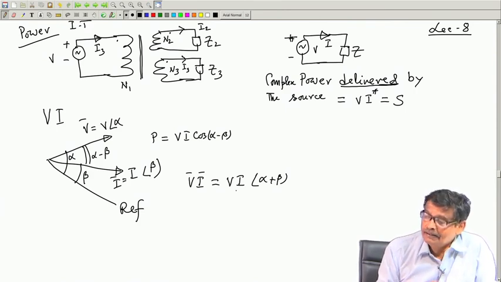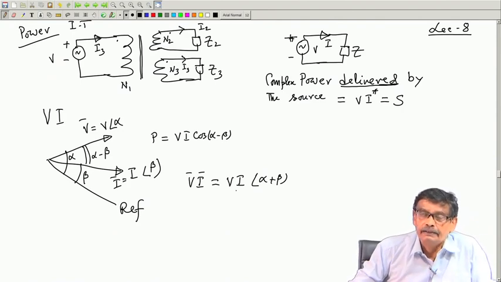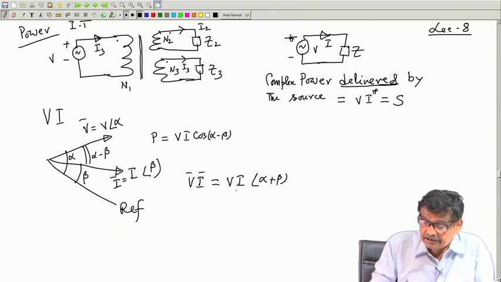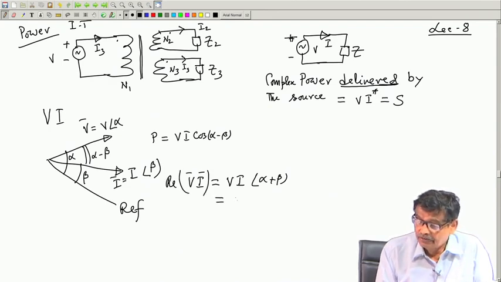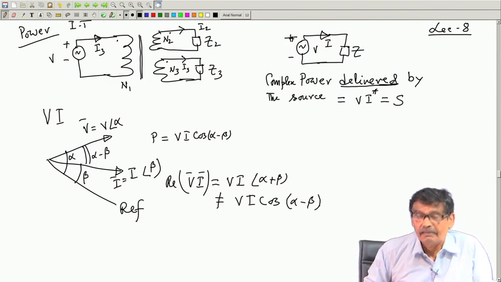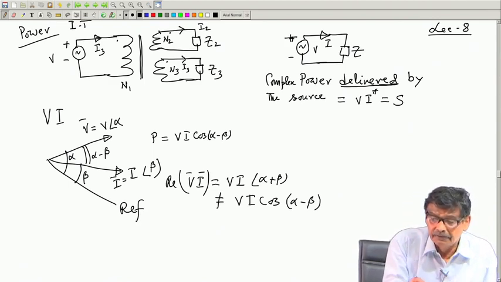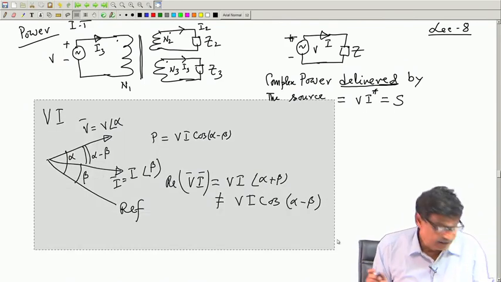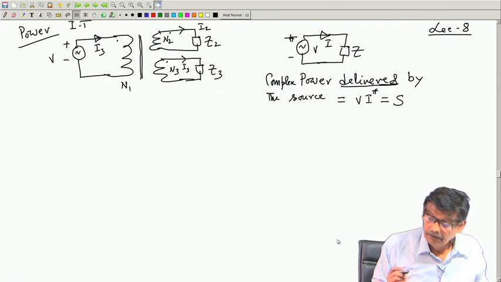In the general case, voltage might have an angle and current might have some angle with respect to some other reference phasor. Therefore the real part of this is not equal to V I cosine alpha minus beta. So you should just remember this. Anyway, this is just a side remark.